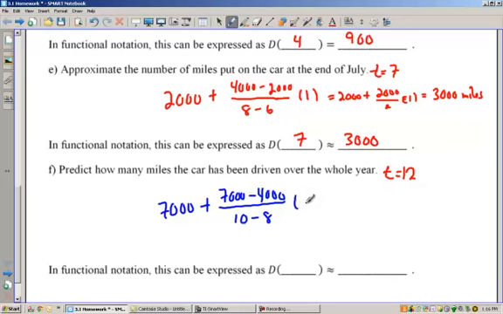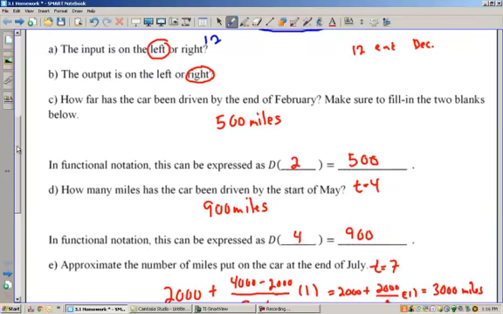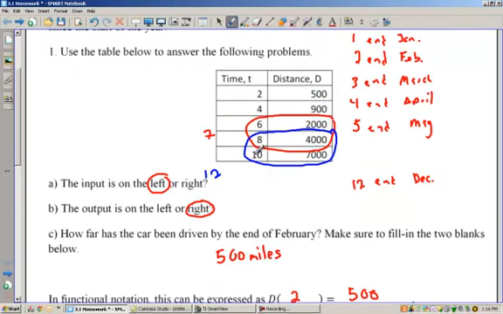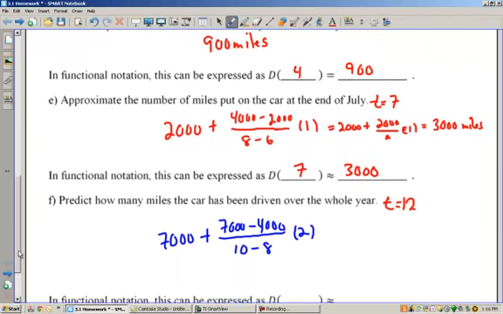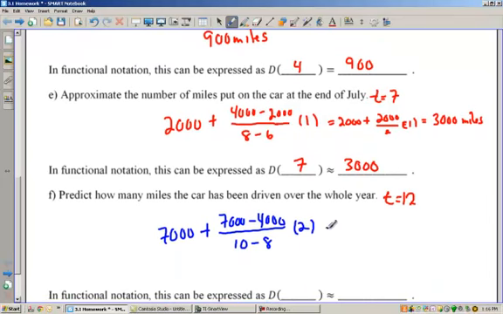I'll multiply this by the number of months from 10, which is 2. So this is equal to 7,000 plus 7,000 minus 4,000, which is 3,000, divided by 2, and I multiply that by 2.